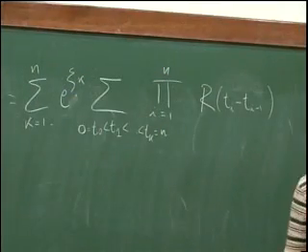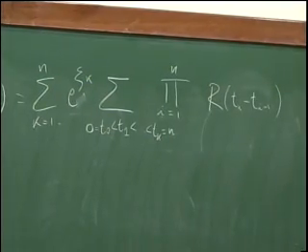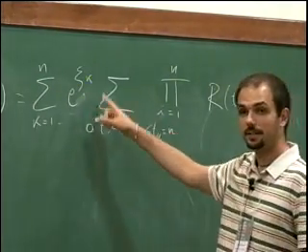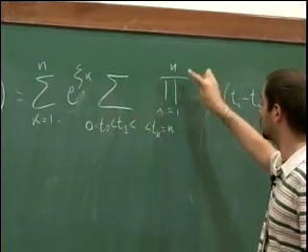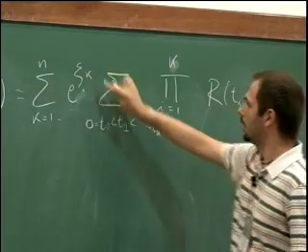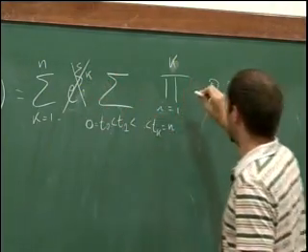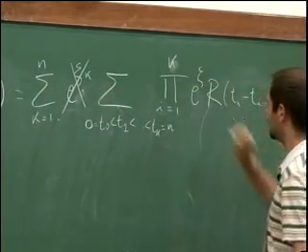Now, the first thing I'm going to do is to bring this factor inside. You see there is E^zeta k, there is a product over k terms. Then I just erase this, and I put E^zeta here.